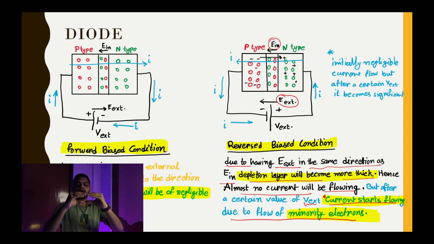So in the diode, once we arrange it in reverse bias condition, after a certain time it will heat up, and once it heats up, the minority electrons present in the p type semiconductor will start moving towards the n type semiconductor, and the minority carriers of the n type semiconductor, that are holes, will move towards the p type semiconductor, and there will be a flow of electrons. And when we get a flow of electrons, there must be a current flow in the circuit.